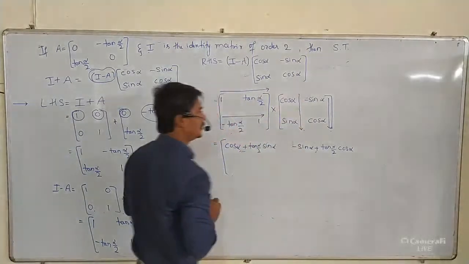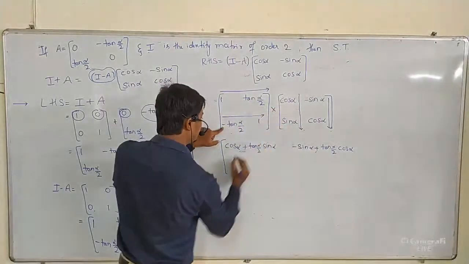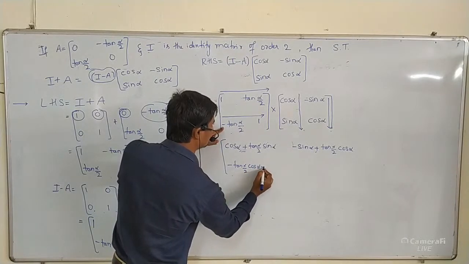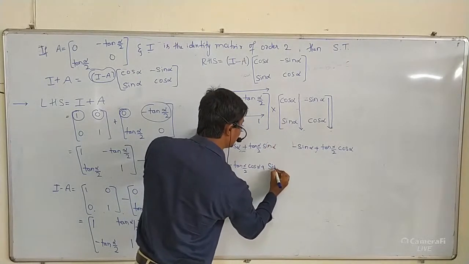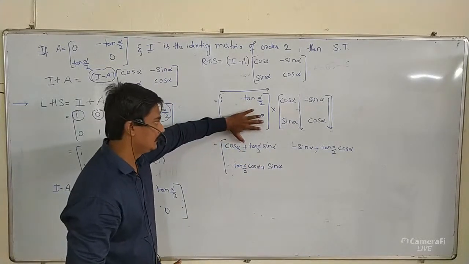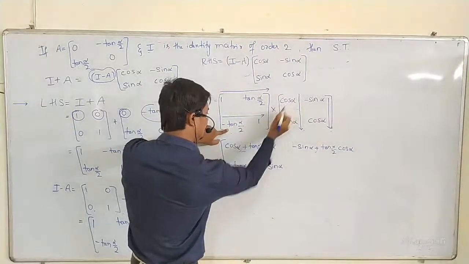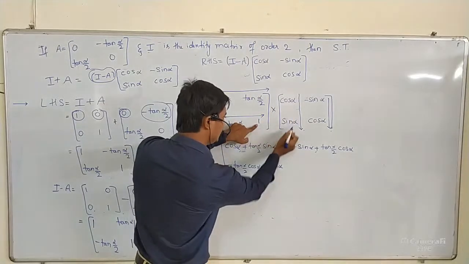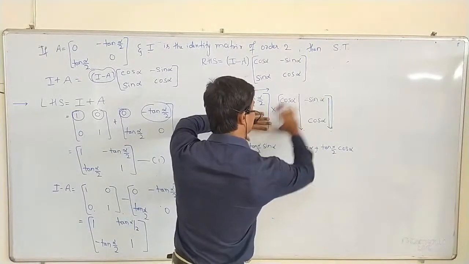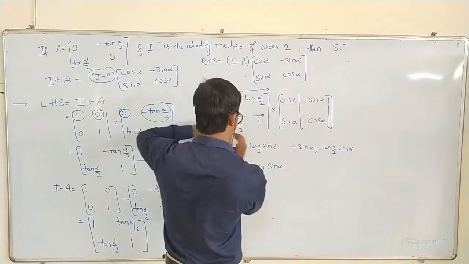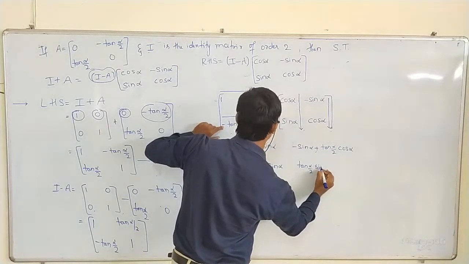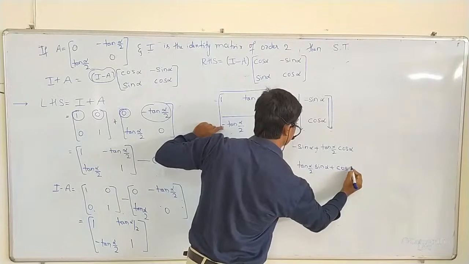Second row, first column. Minus tan alpha by 2 into cos alpha plus 1 into sin alpha is sin alpha. Second row, second column, multiply the corresponding elements and add the products. Minus into minus plus. This is tan alpha by 2 into sin alpha plus cos alpha.